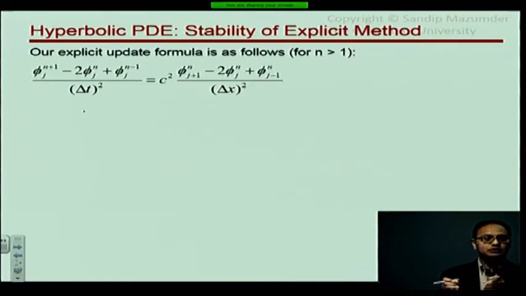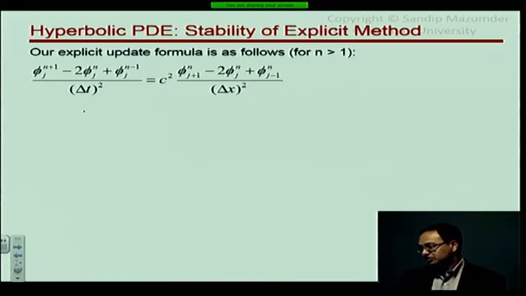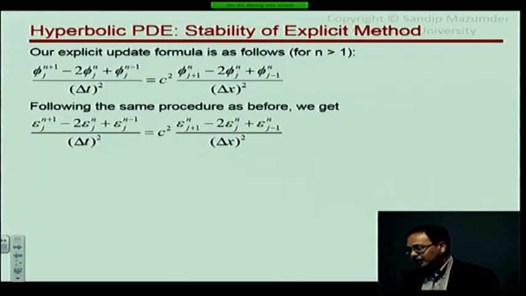We always looked at the interior nodes. All right. Because this is the generic equation that's valid across all other time steps. So we're starting with that and following the same procedure as we've always done. If you go back to the stability analysis of parabolic equations, we are following the same steps. We have an error equation now. Okay, so basically that translates to the error equation.